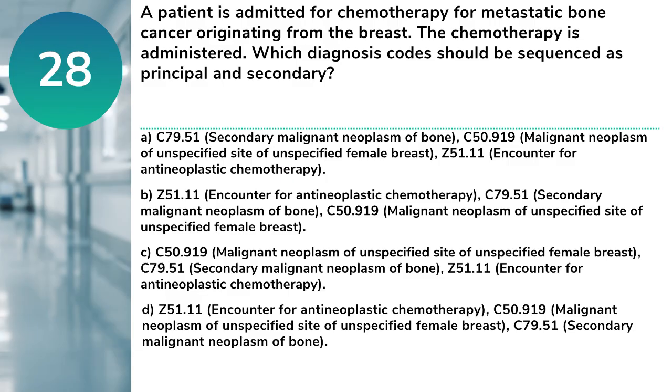B. Z51.11, encounter for antineoplastic chemotherapy, C79.51, secondary malignant neoplasm of bone, C50.919, malignant neoplasm of unspecified site of unspecified female breast. C. C50.919, malignant neoplasm of unspecified site of unspecified female breast, C79.51, secondary malignant neoplasm of bone, Z51.11, encounter for antineoplastic chemotherapy.